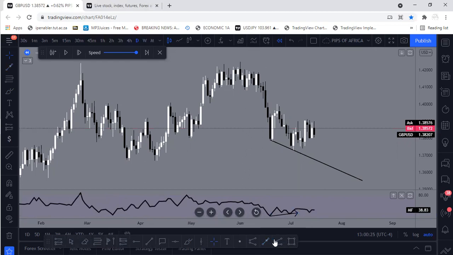But remember this: if the order block was not mitigated, you must not delete that zone. Look at this. Was this order block mitigated? No. Even when the market was going back up, it didn't respect this order block.